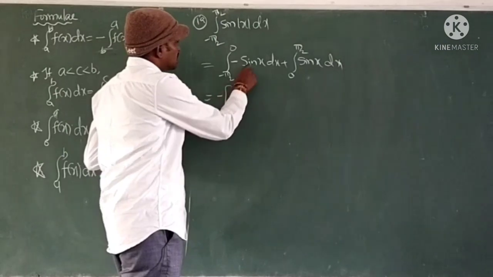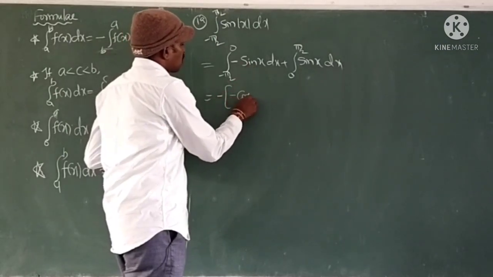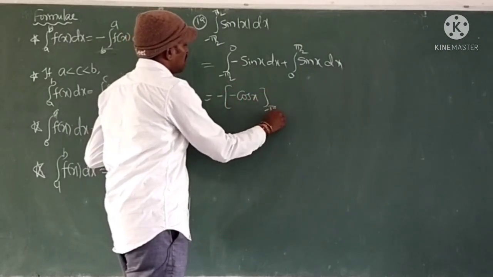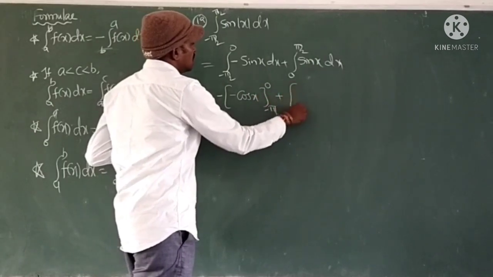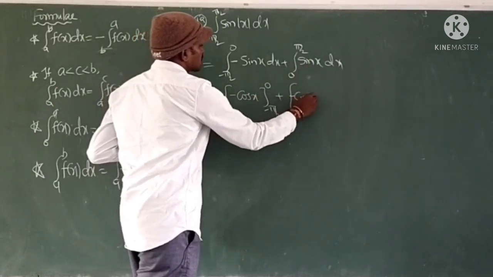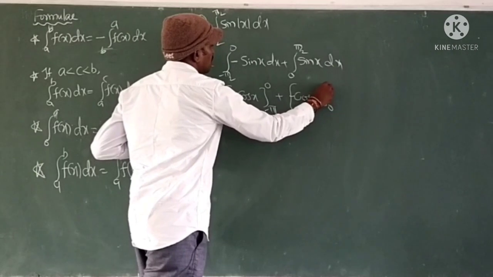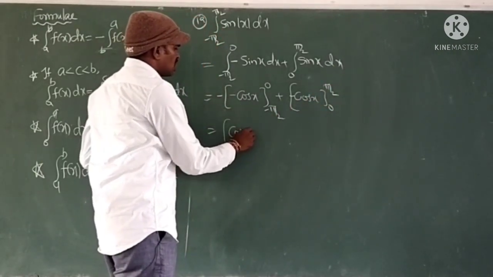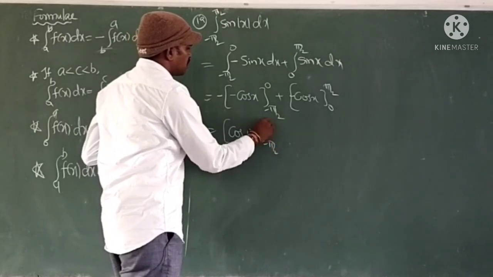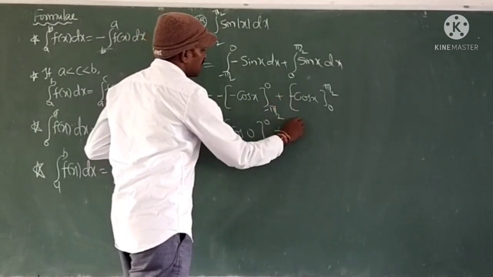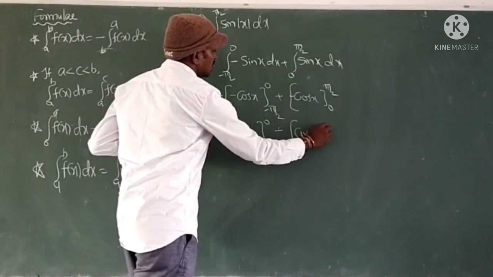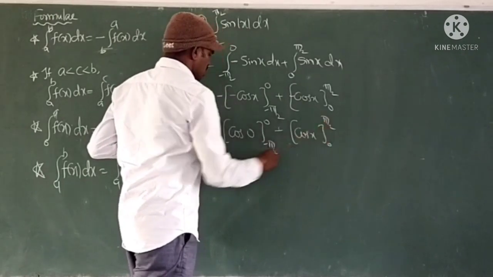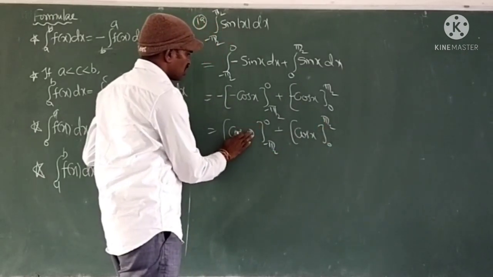Minus outside, sin x integration is minus cos x with interval minus pi by 2 to 0, plus sin x integration minus cos x, here interval 0 to pi by 2. So minus into minus plus, cos x, interval minus pi by 2 to 0, plus into minus, minus cos x, interval 0 to pi by 2. Substitute 0 first, sorry, this is cos x.